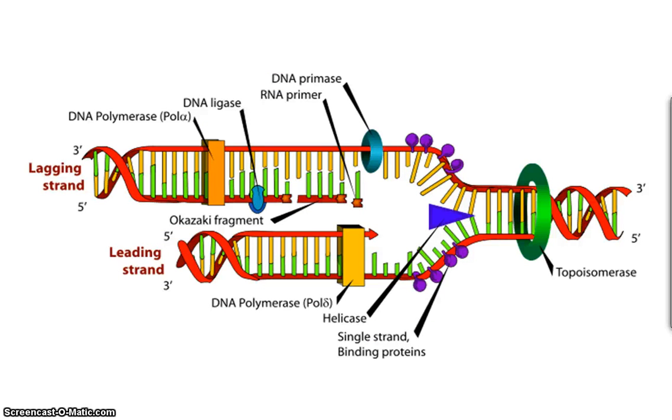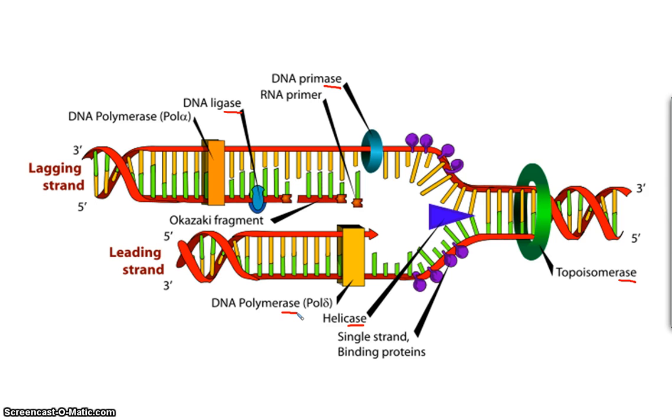Now, a little bit more complex and a little bit closer to what's actually happening in the process. If we look over on the right hand side, here's our double-stranded DNA. We're going to be looking at a lot of different enzymes, and you'll notice all of these end in -ase. These are all enzymes that help with DNA replication.